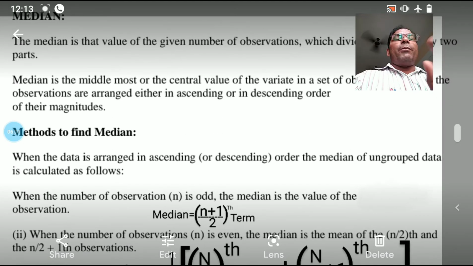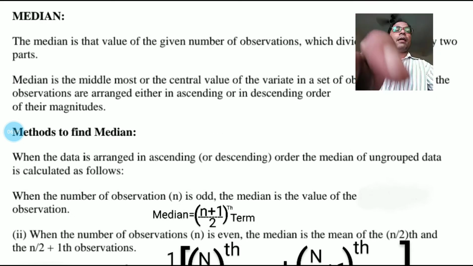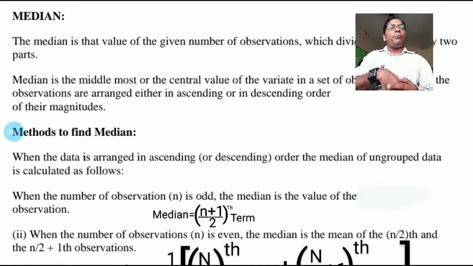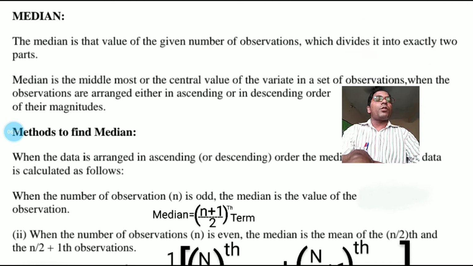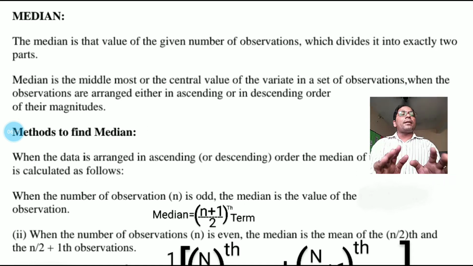median. What is the median? In this topic I am going to explain what the median is and how to find the median. So students, here you can see the median is the value of the given number of observations which divides it into exactly two parts. Median क्या है? Observation का middle term है.